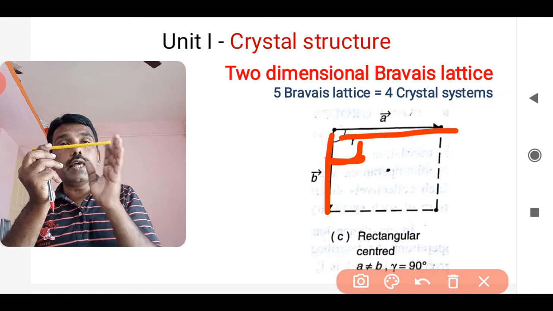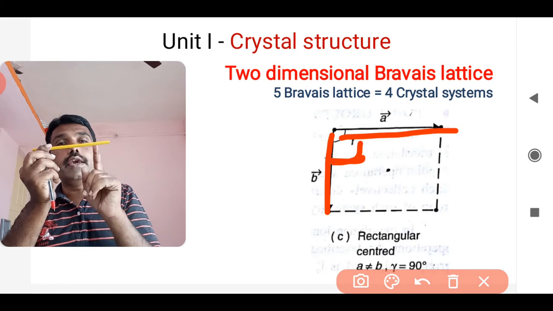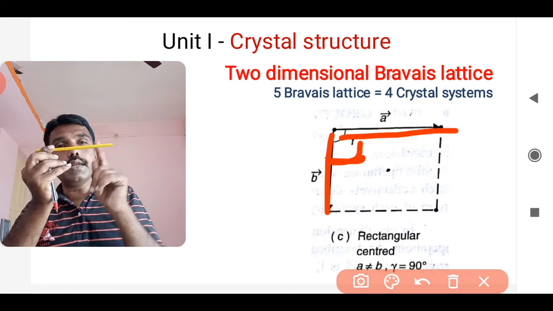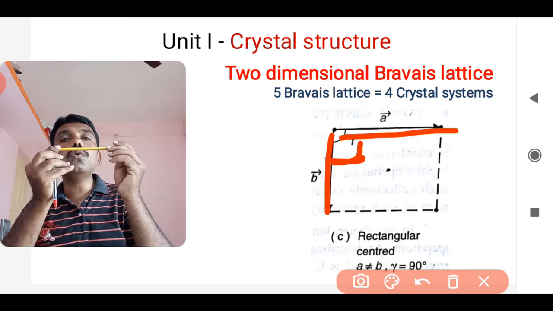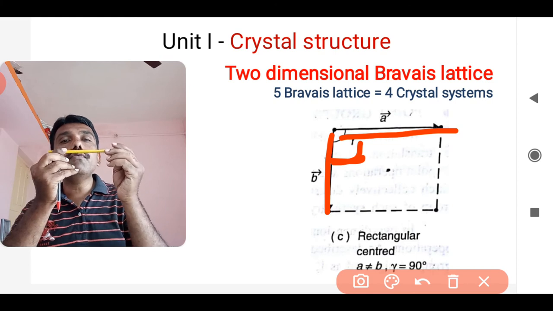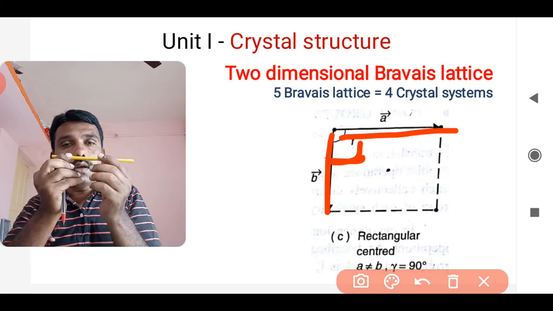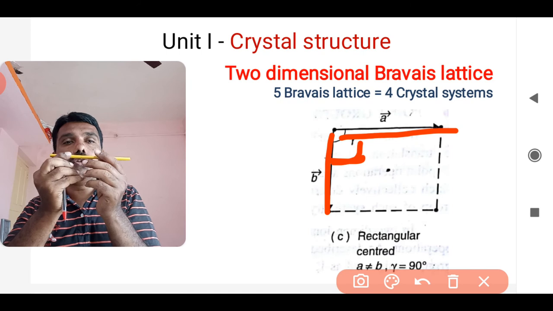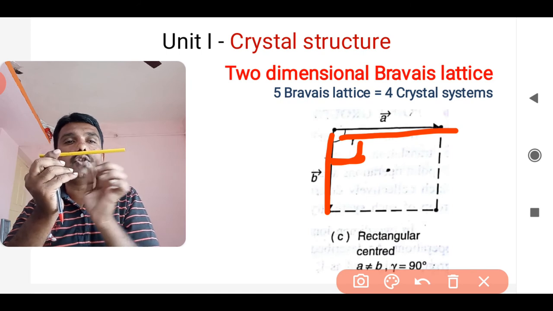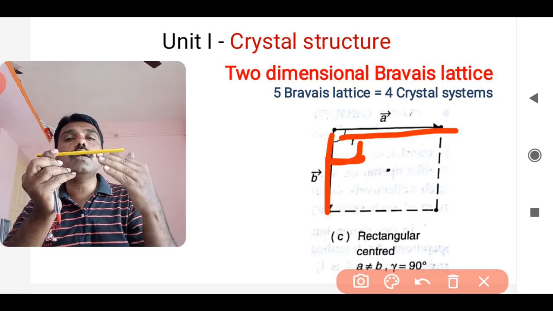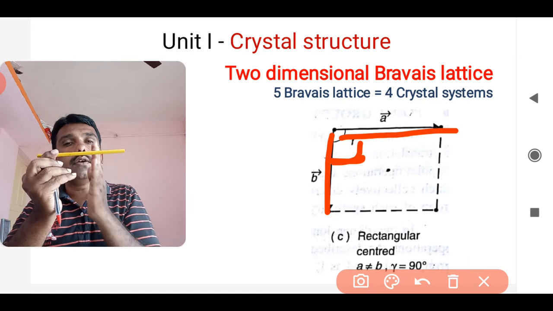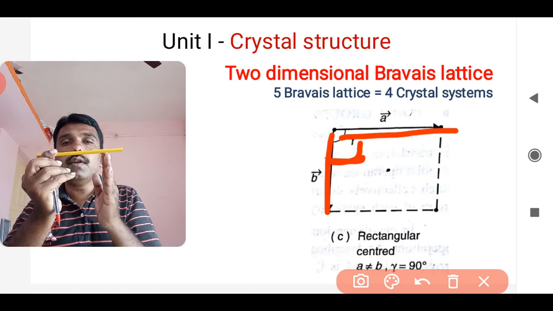To make it rectangular, A should be greater than B, but it is not as long as what we saw in the primitive rectangular case. That is the small difference between the rectangular primitive and the rectangular centered.